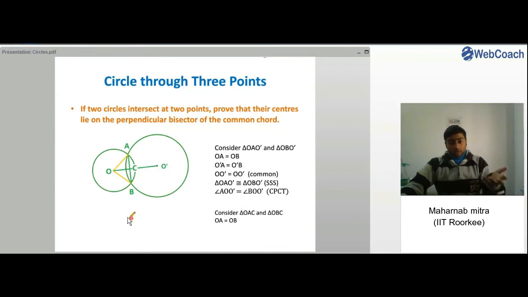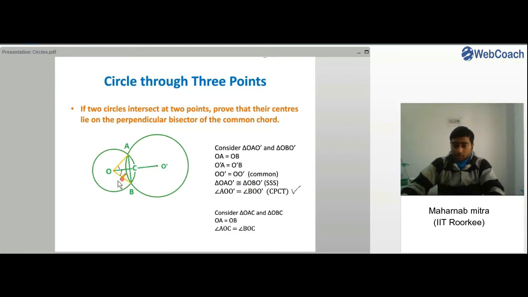Now here we can see once again OA equals OB, because it is the radius of the smaller circle, and angle AOC is equal to angle BOC. These two are equal as we had got from this proof.